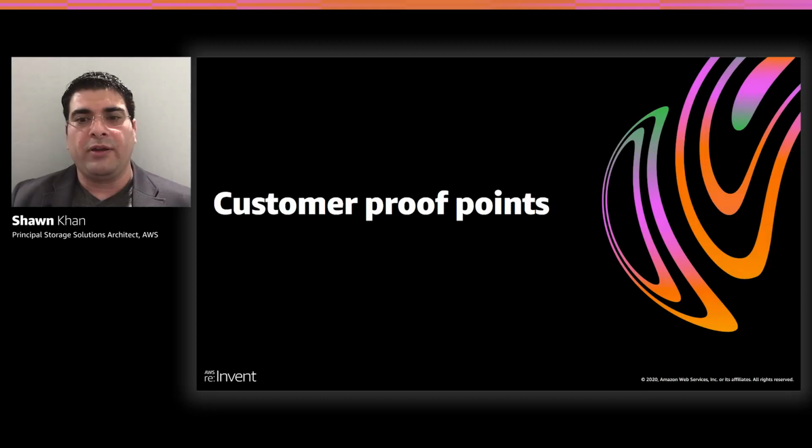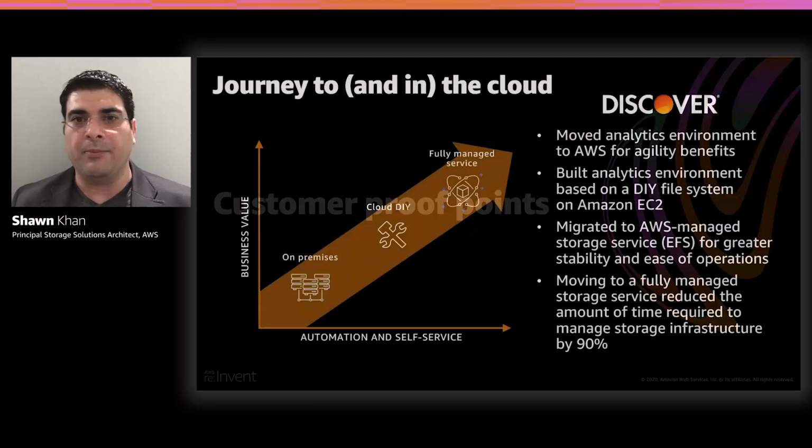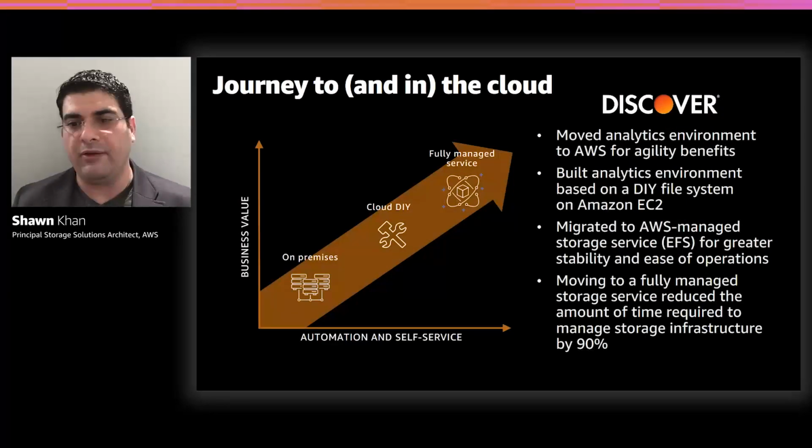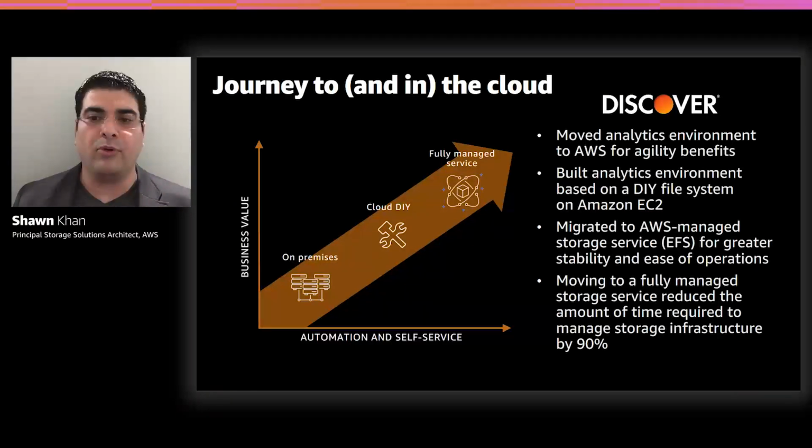Now I'm going to quickly talk about a couple of customers who were able to leverage Amazon EFS to optimize their storage cost as well as their operations within AWS. Discover is a global financial services company, and they produce the Discover Card, Diners Club Card, and many other financial products.